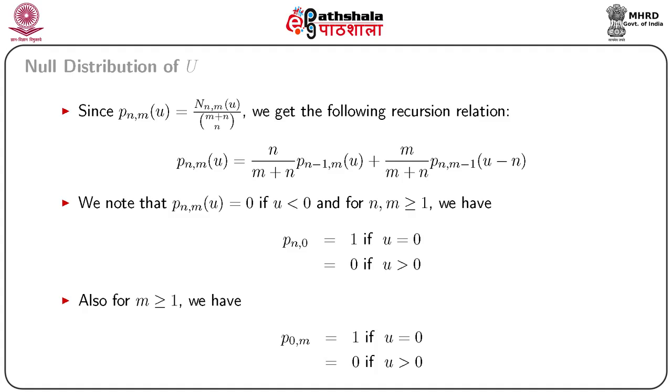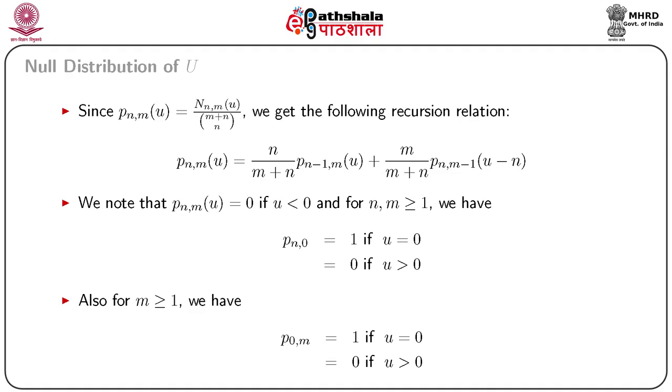That is, P_{n,m}(u) equals n divided by (m+n) times P_{n-1,m}(u) plus m divided by (m+n) times P_{n,m-1}(u-n), where P_{n-1,m}(u) is N_{n-1,m}(u) divided by (m+n-1 choose m), and P_{n,m-1}(u-n) equals N_{n,m-1}(u-n) divided by (m+n-1 choose m-1). Note that small u is always non-negative and hence P_{n,m}(u) equals 0 whenever u is strictly less than 0.